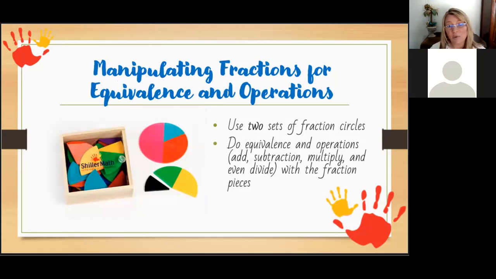That way, you'll be able to do more with the equivalence and operations, that is adding, subtracting, multiplying, and yes, even dividing fractions with the fraction pieces. And so they're going to be able to do those things with their hands before they are doing them abstractly with pencil and paper.